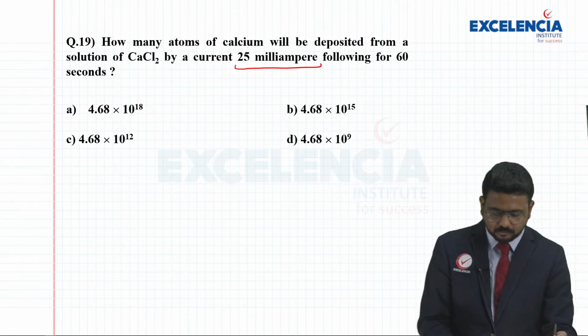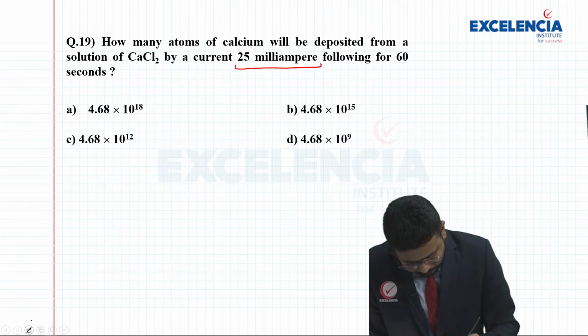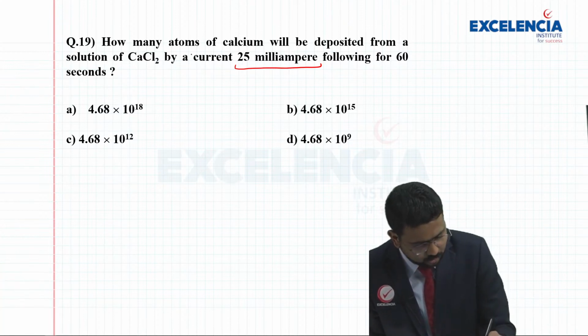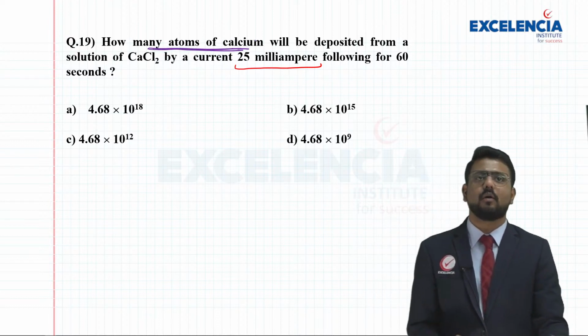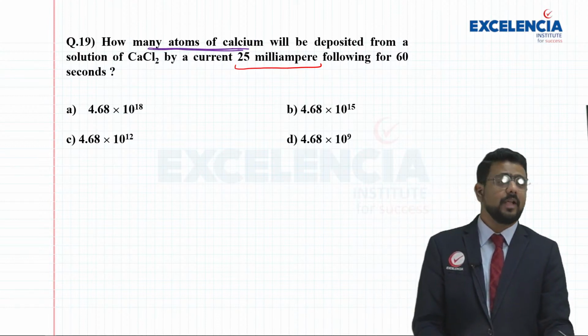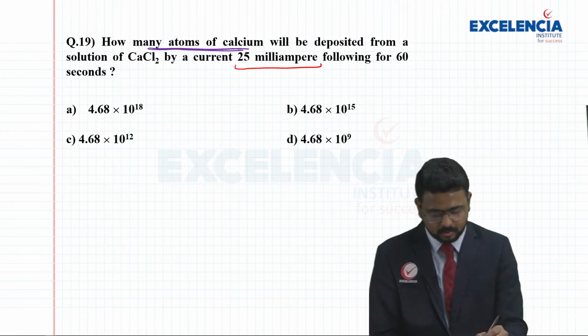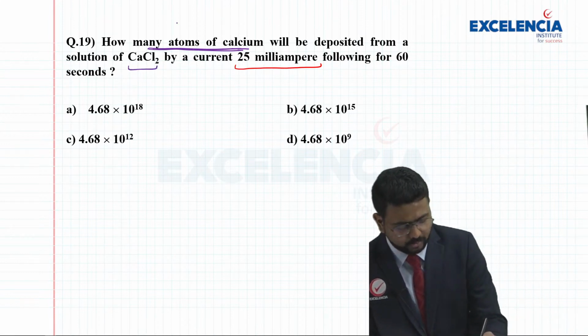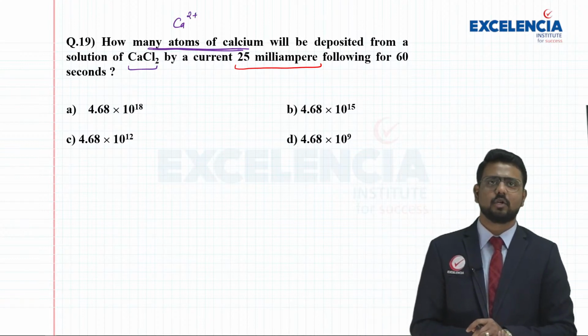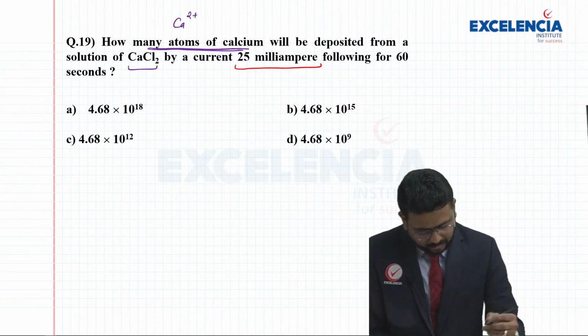Now see, in such cases they're asking you to find the atoms of calcium, right? If they're asking you to find the atoms of calcium, obviously we can find how many moles of calcium would have been deposited from calcium chloride. Now we know that calcium is nothing but a di-positive ion, yes or no? So divalent ion here.